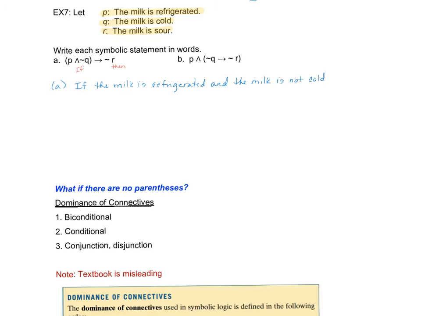Since that's where my parentheses are, then I'm going to put a comma to indicate that they're grouped together. If the milk is refrigerated and the milk is not cold, then not R, the milk is not sour.